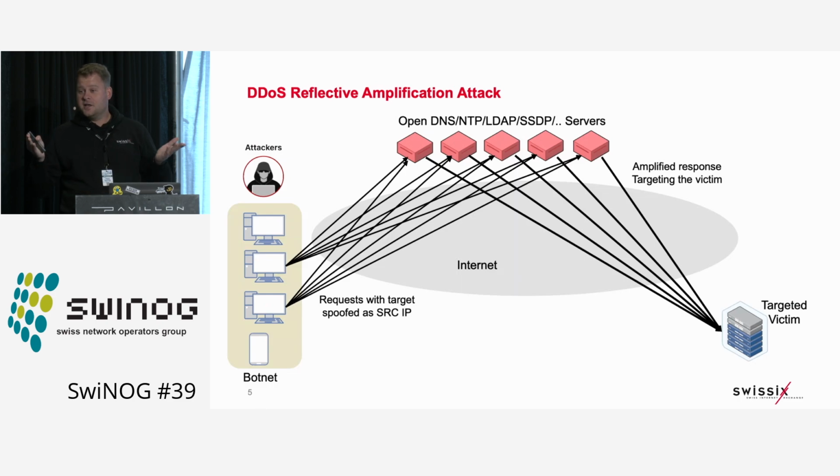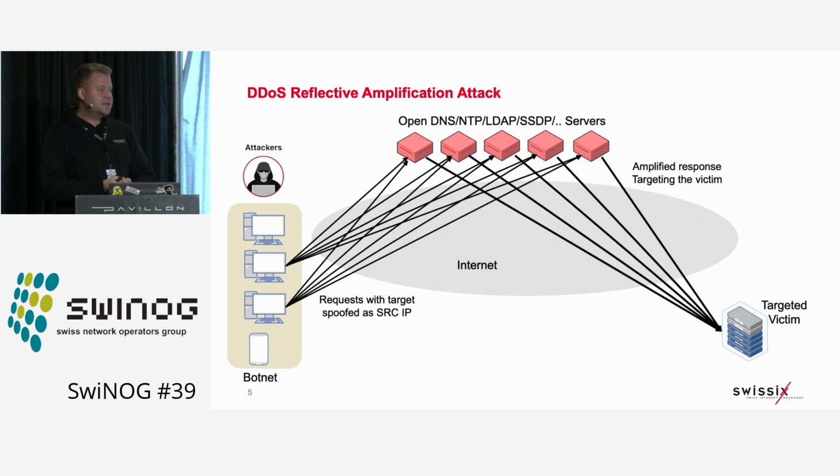So how does that look like, or how could that look like? We see here on the left side an attacker which controls a botnet, and that botnet utilizes open DNS, NTP, LDAP, SSDP servers, for example, and sends requests with a spoofed source IP towards the server.